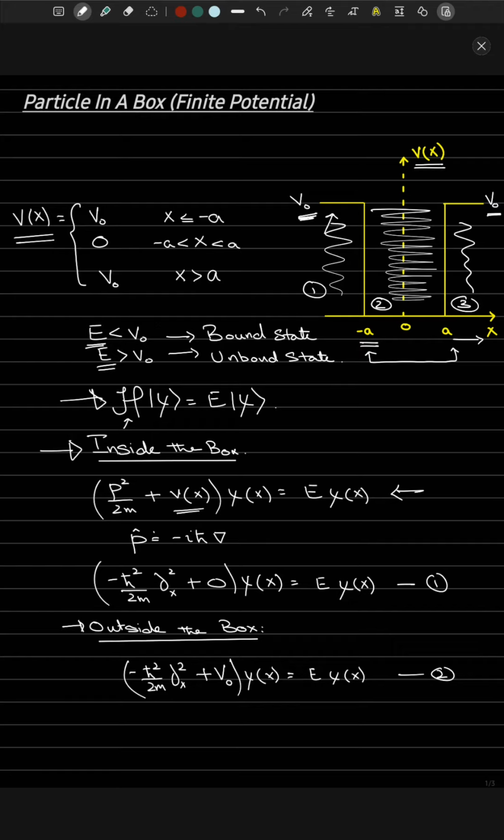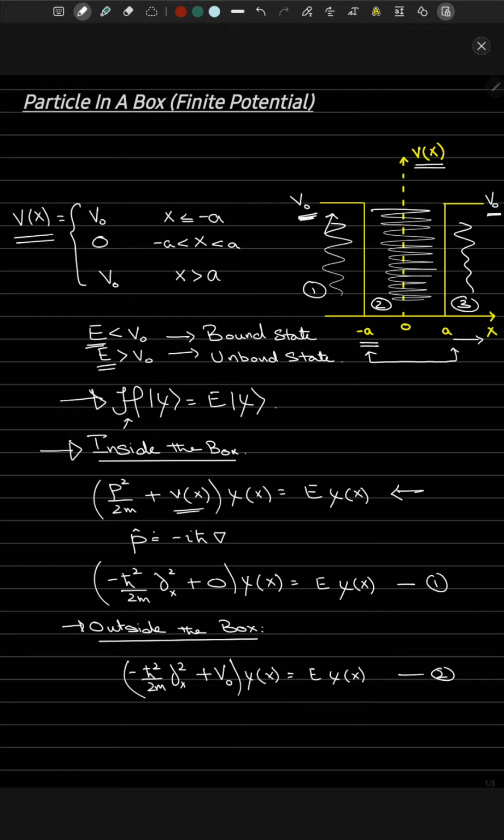And the reason for that is simply because if the exponential was a growing exponential, then it would actually go all the way to infinity, because of course if it's a growing function, it is tending towards infinity. And if that's the case, then the wave function is not normalized, or the wave function cannot be normalized.